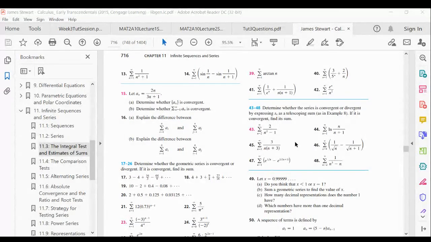And the third thing is, if I look at the second term inside the bracket, the 2 divided by n, the sum of 2 divided by n reminds me of the harmonic series. I'm going to use one of those laws again, and I'm going to look at the 2 as being a constant.